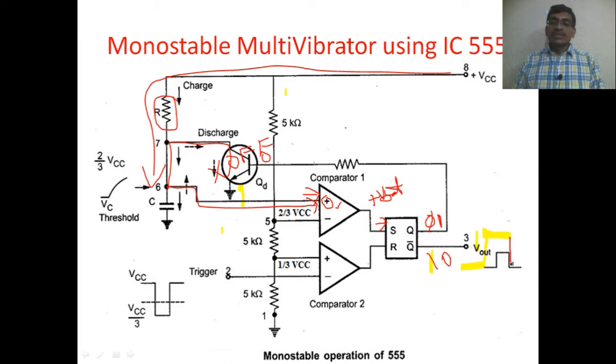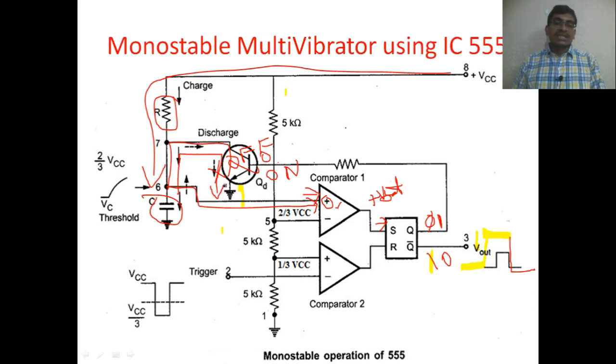Output will be switched from plus Vsat to minus Vsat, and the one at the Q will be directly given to the discharge transistor. Therefore, the transistor will be in on state now. As it is on, the voltage stored in this capacitor will be discharged.